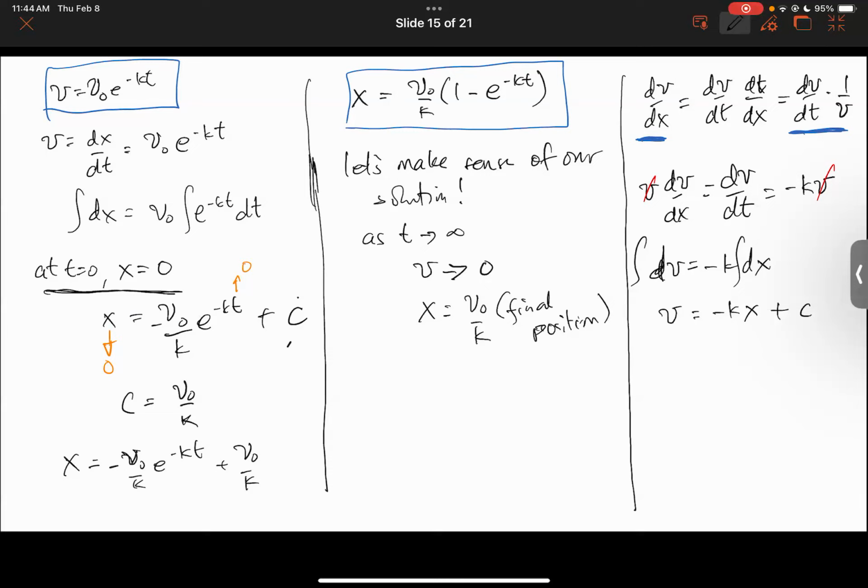At t equals 0, x equals 0, v is equal to v naught, which means na c equals v naught. Okay, so v is equal to v naught minus kx. So yan na ngayon yung relationship between v and x.